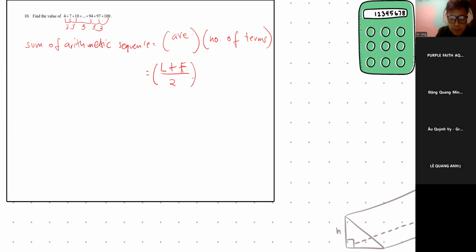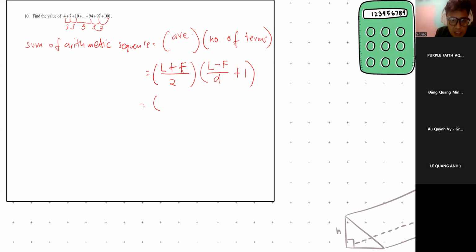And then the number of terms is the last term minus the first term all over the common difference, plus 1. Average times number of terms over 2, yes, that's correct. So that's how you solve for the sum of an arithmetic sequence, just like what I have written here.